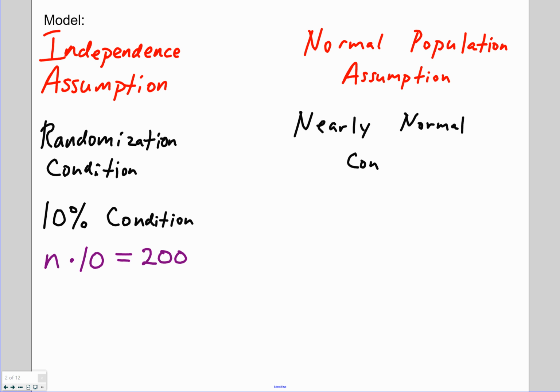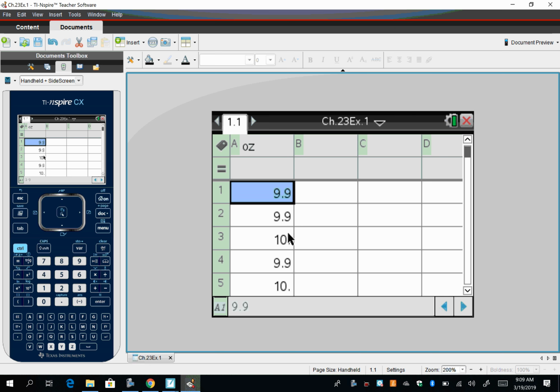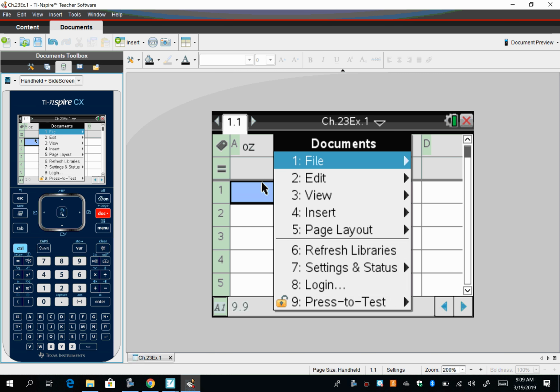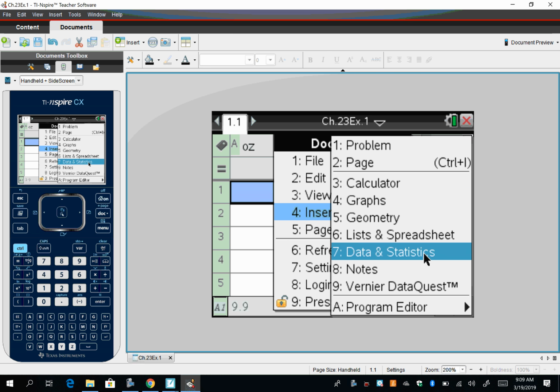Now I'm going to do this condition for you up here on the board so we can decide if we think we can move on. You guys already put all of your data values in your calculator. My calculator is a little bit better than yours, so I'm going to make a histogram.